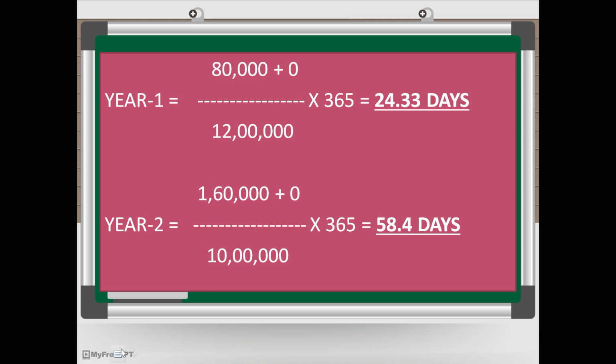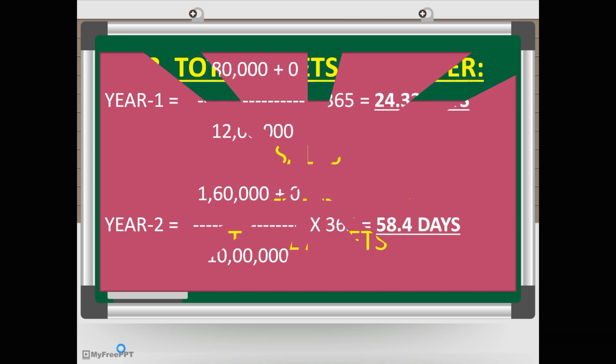So, the debtors ratio is highly unsatisfactory, unfavorable. Another ratio in the series of unfavorable ratios. Let us move on.